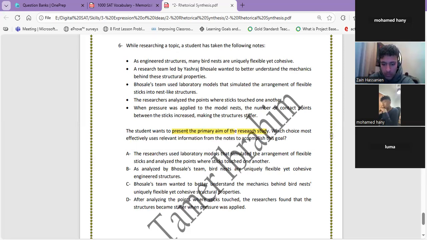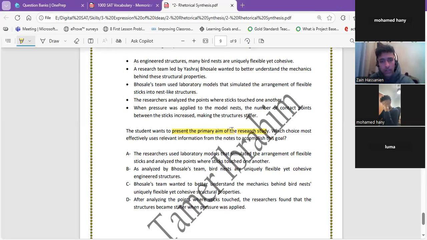I need the aim of this study. I got it from Luma. I got it from Muhammad Hani. Only one got it wrong. Again, I want the aim of the research study. Why are they doing this study?